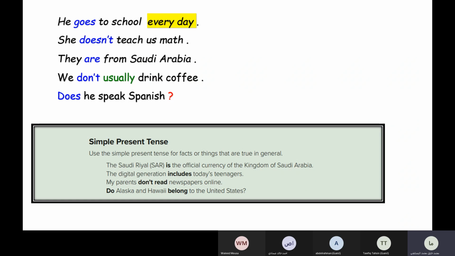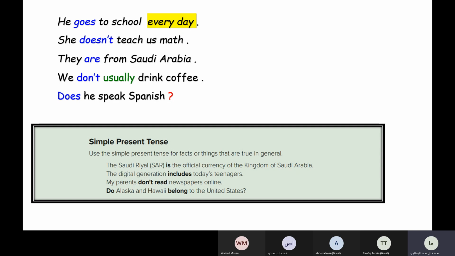Who can give us an example? We use it in the present with permanent situations. I live in Riyadh. This is a permanent situation. I live in Riyadh.